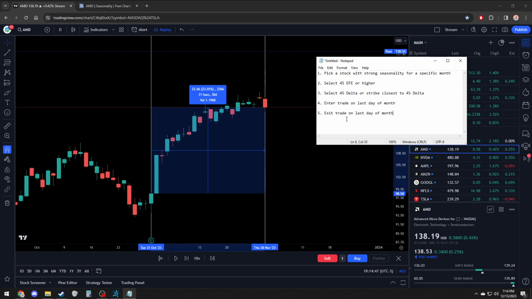It's nothing really groundbreaking, but it's such a simple strategy that doesn't even use technical analysis. It's using more fundamental and seasonal analysis, which I think is better than technical analysis, but technical analysis has its plus sides as well. But I want to spread this information for free.